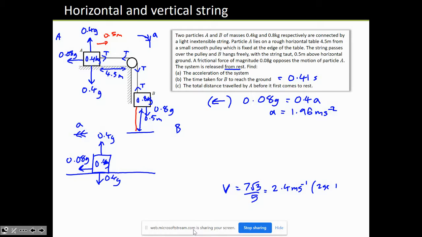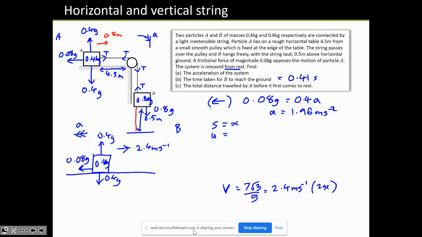All right. I'm going to continue to use that direction as positive, but I'm also now going to include the fact that when we start, we're moving in this direction at a velocity of 2.4 meters per second. That's going to be important. The direction is important there. So we want to find out how far A is going to travel. We know our initial velocity is 2.4 meters per second, and this is to two significant figures.